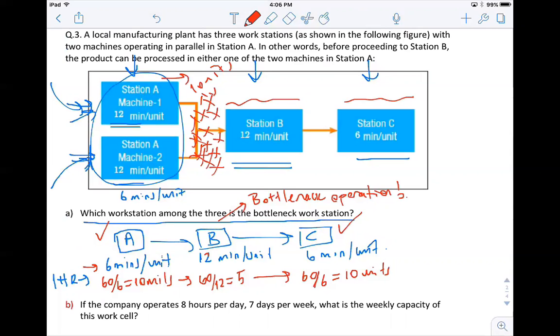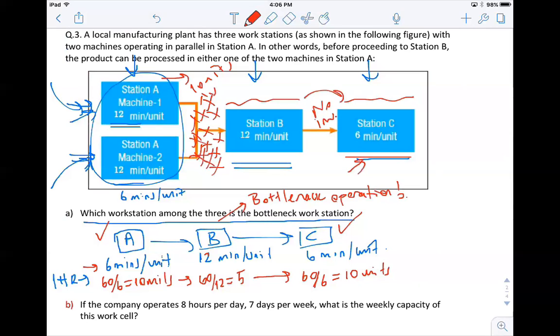And since workstation C is very fast compared to workstation B, it will be half busy, half occupied with the products coming from workstation B. Therefore, there will be no inventory right before workstation C. And sometimes the people that work at this workstation will be busy, sometimes they will be idle.